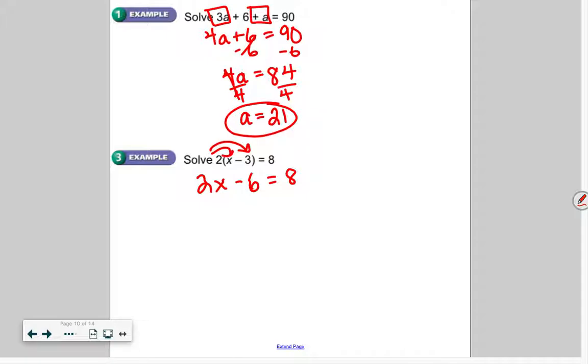Next. 8 plus 6. Next. x is going to equal? Again, you should be able to put your answer into every single one of these to see if you got it correct.